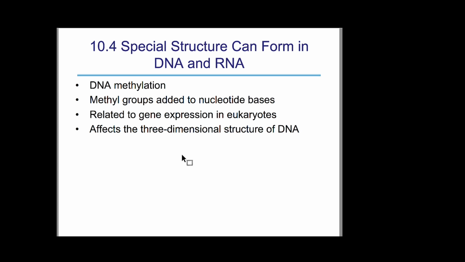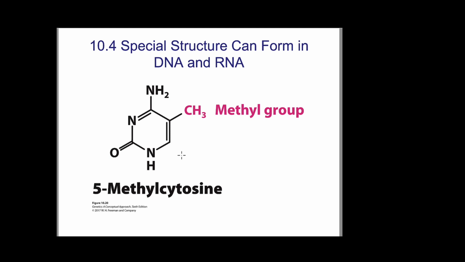Methylating cytosine can block the apparatus from accessing the DNA, preventing proper transcription, or replication, I'm sorry. Methylation is also an essential part of how old versus new DNA is identified in bacteria, so the addition of these methyl groups is essential. This is chapter 10.